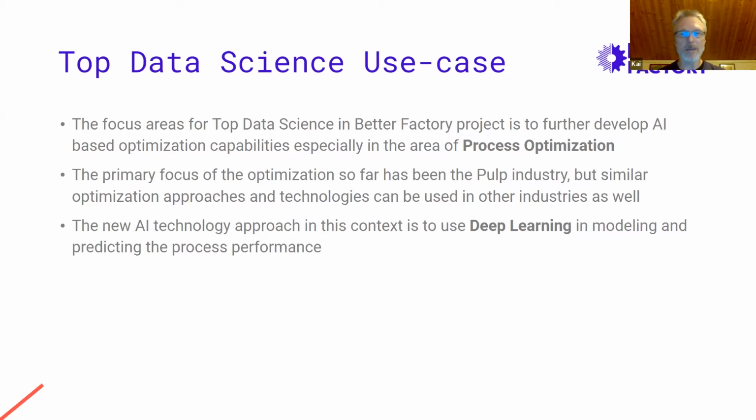So we are adding new capabilities to it as we speak. The optimization approach and technology can be used for other industries as well, and that's why we are providing this to this Beta Factory environment. The AI technology approach here is to use deep learning in modeling and predicting the process performance.